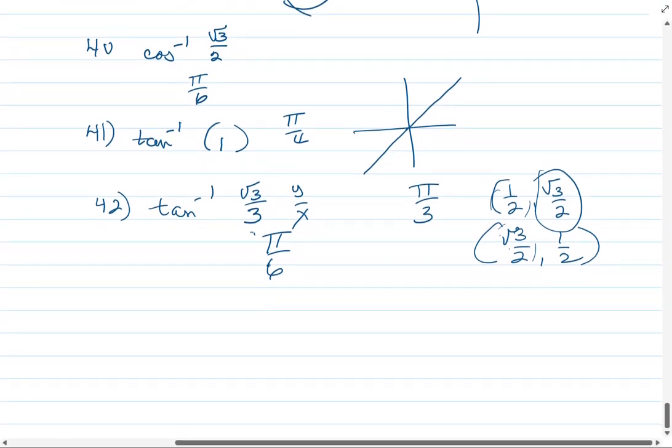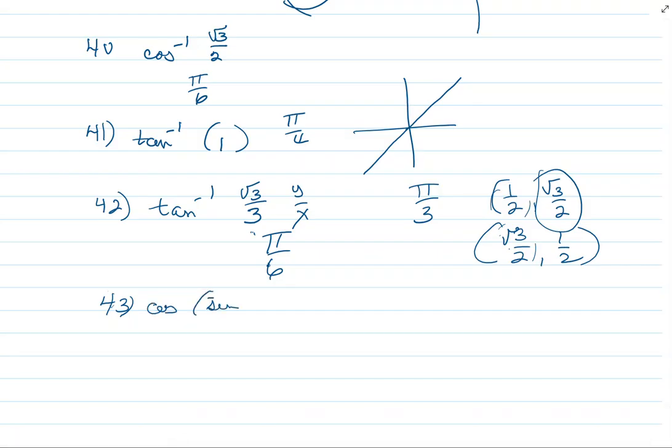All right. Now this guy right here is cosine of sine inverse of 1/4. Okay, we can do this under cosine squared theta plus sine squared theta equals 1. Or we can use the Pythagorean theorem, one or the other. Which one you want? All right, okay.